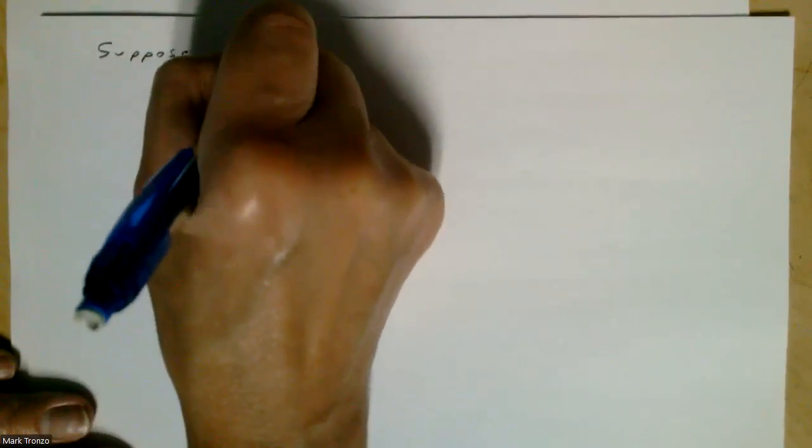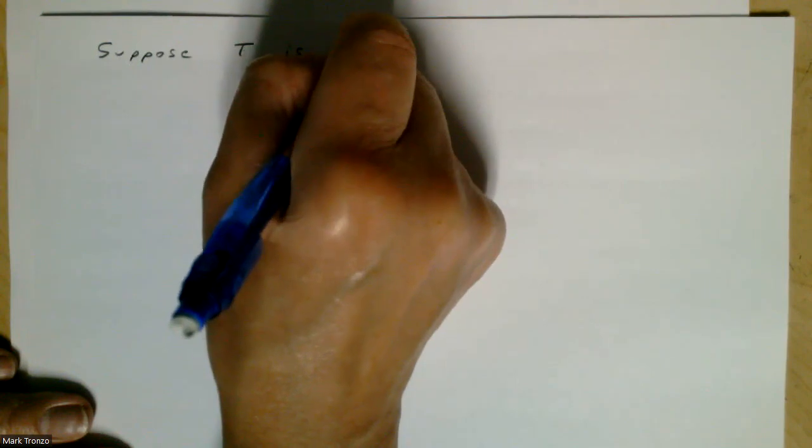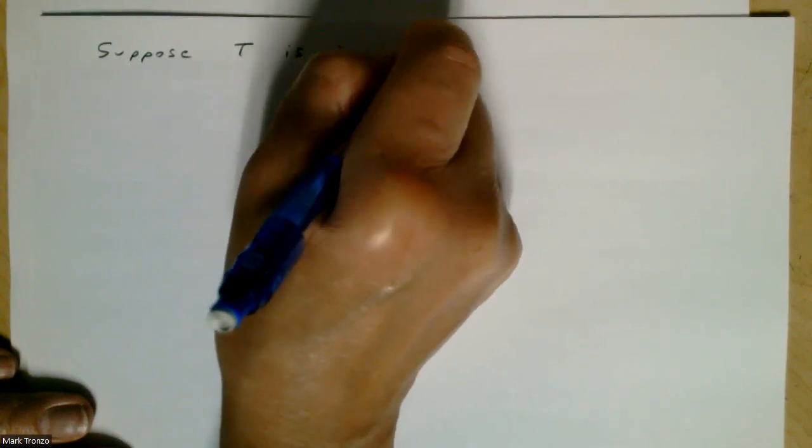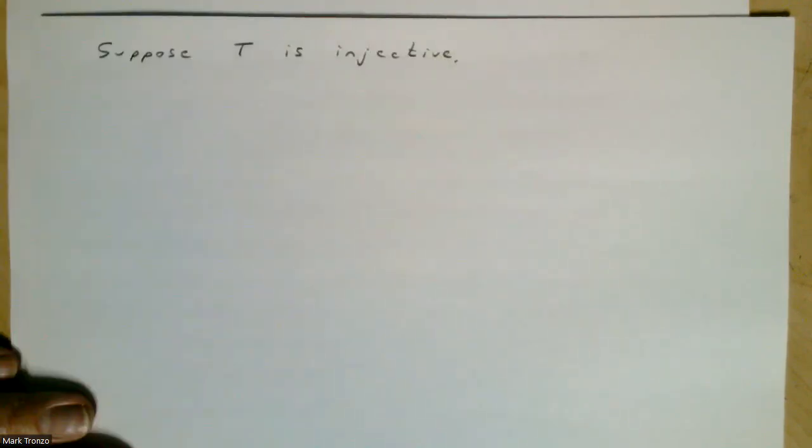Now let's go the other direction. Suppose T is injective. Now we want to show that the only thing in the null space is 0.